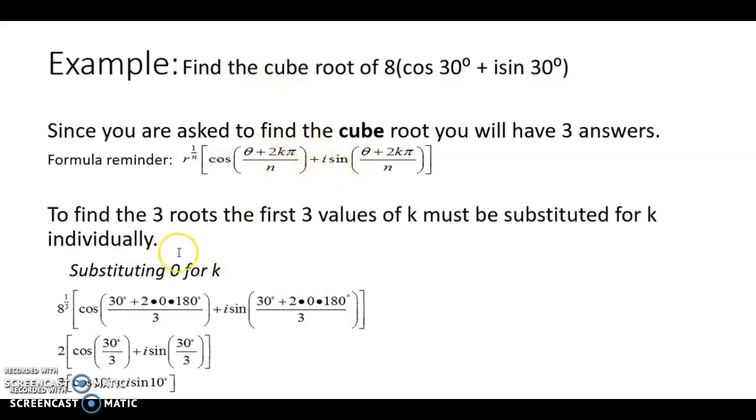So for both locations of pi, we see that pi has been replaced with 180 degrees in the numerator. We've substituted for K and pi in both numerators. Keep the plus sign and the 2. And in place of theta, we write our angle measurement. Looking back at the original problem, our angle measurement is 30 degrees.